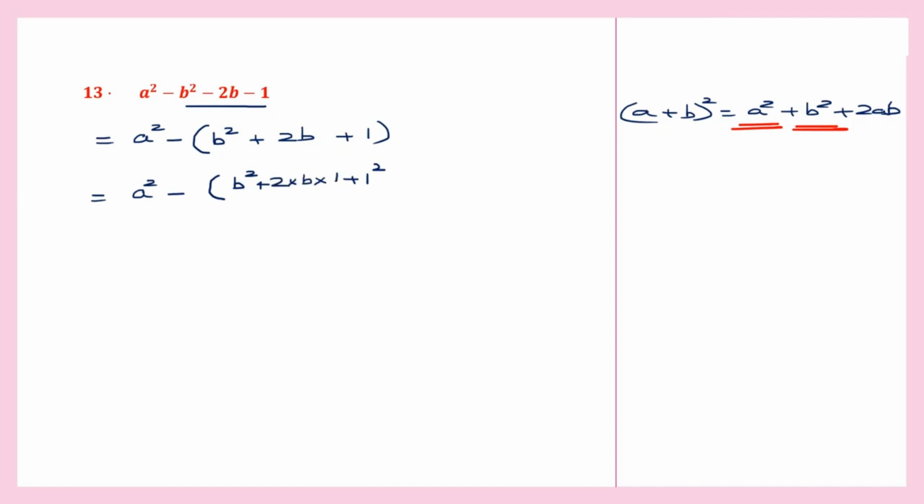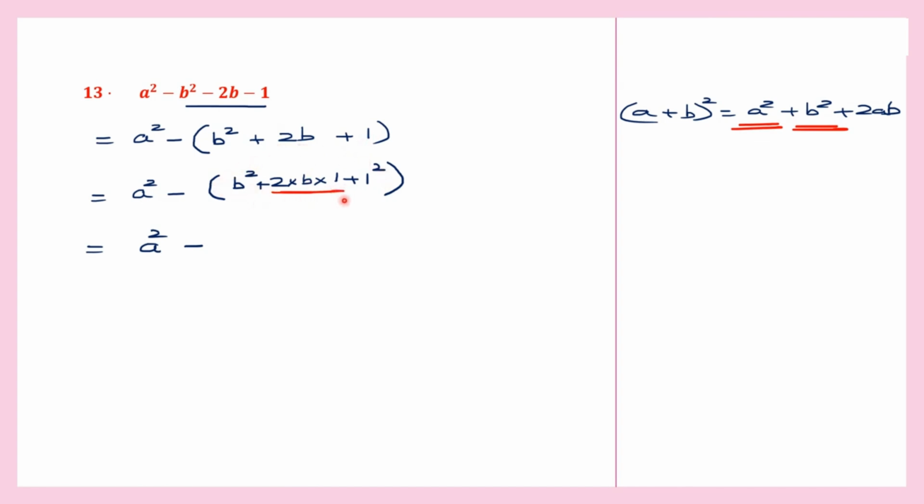So this is 2ab, from the formula 2ab. Okay. So I have this again in the form of a square plus b square plus 2ab. Now let's simplify this. So here what do we have? A square minus, when you simplify this, you are going to get b square plus 2b plus 1.